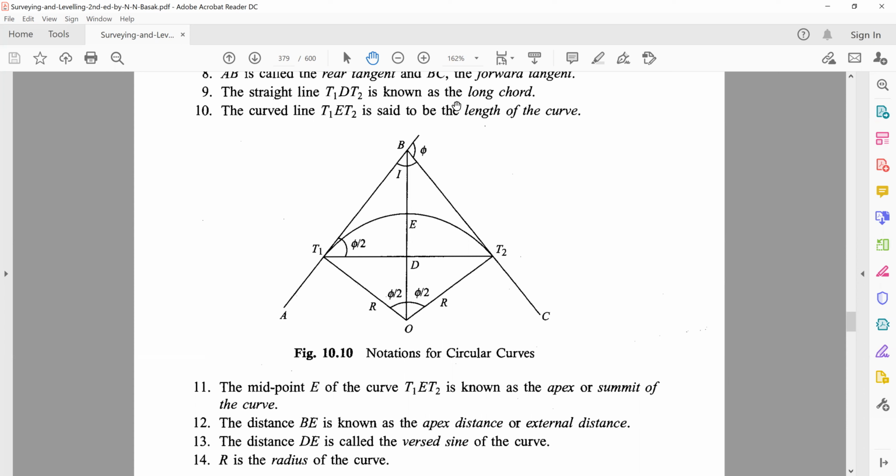Over here you have angle phi by 2, and if you apply the trigonometric relation with 90 degrees at T1, you get the length BT1 equal to R, which is the base, times tan phi by 2. Similarly, BT2 would have the same relation.